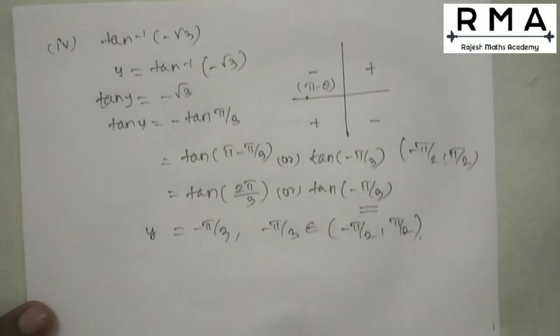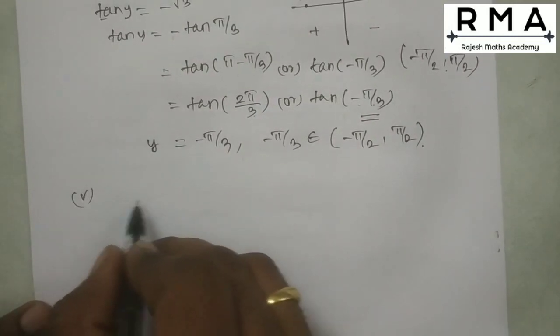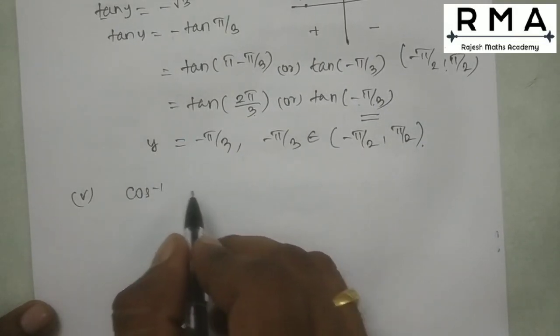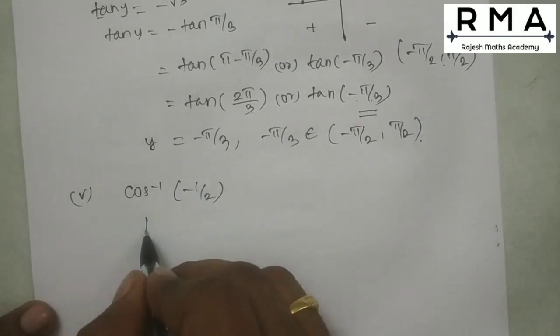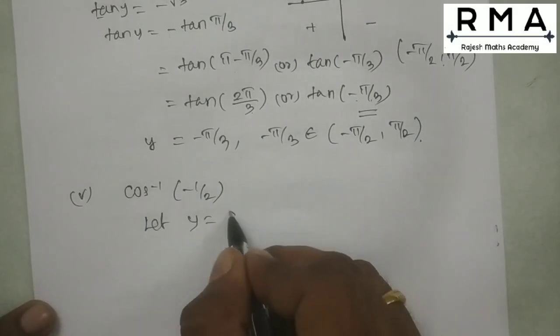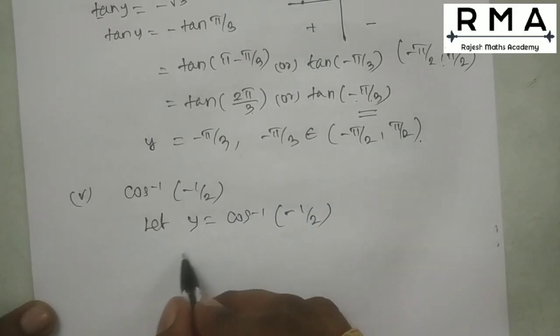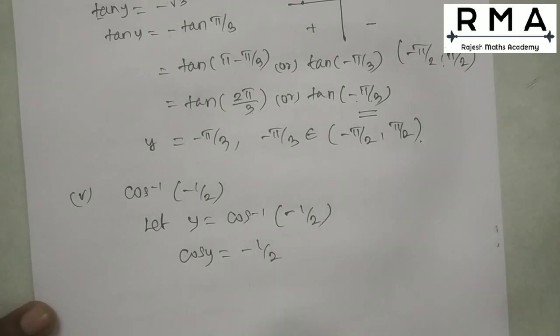Clear? One more problem we will see, problem number 5. So what is problem number 5 given? We have to find the principal value of cos inverse of minus 1 by 2. So let y equal to cos inverse of minus 1 by 2. Now what is the value of cos y? Cos y equal to minus 1 by 2.